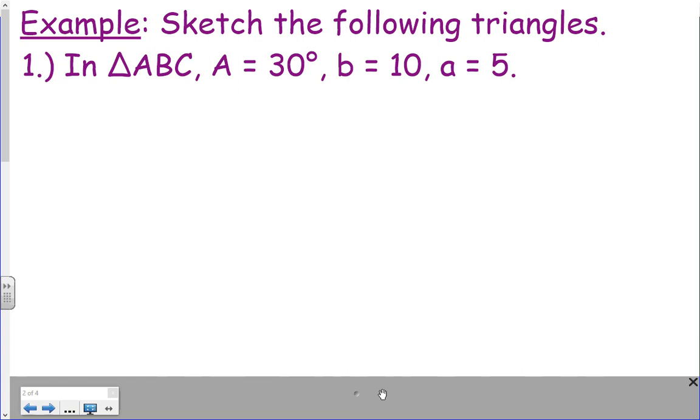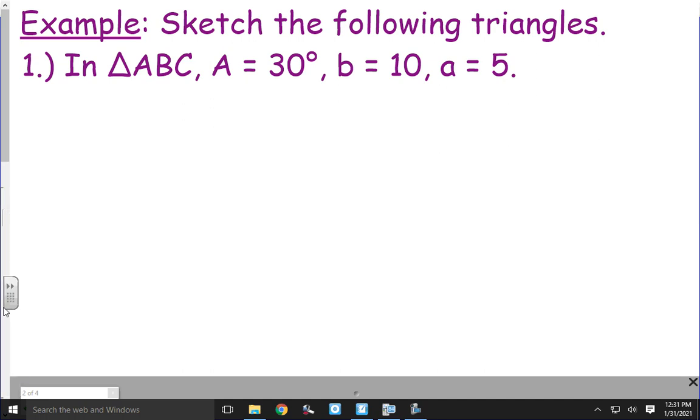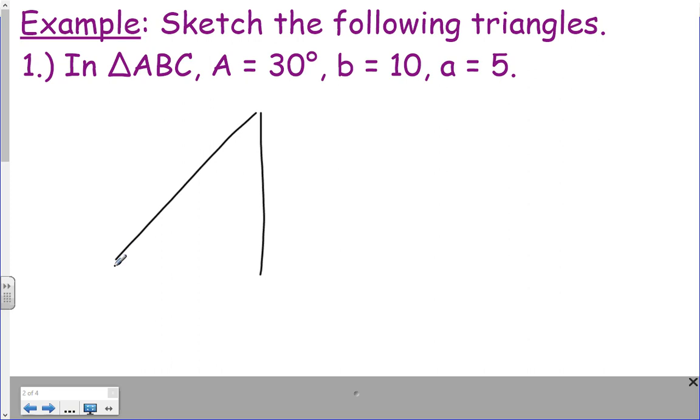For the first one, if I have angle A is 30 degrees, side B is 10, and side A is 5, you actually end up with a right triangle, and I'll show you why that's the case. This will be our starting point. So if A is 30 degrees, and we'll make this vertex B, and this will be C. So side B is 10, and side A is 5.